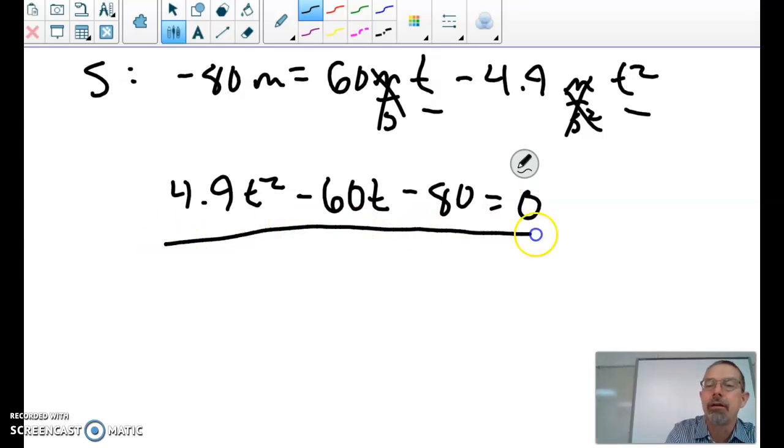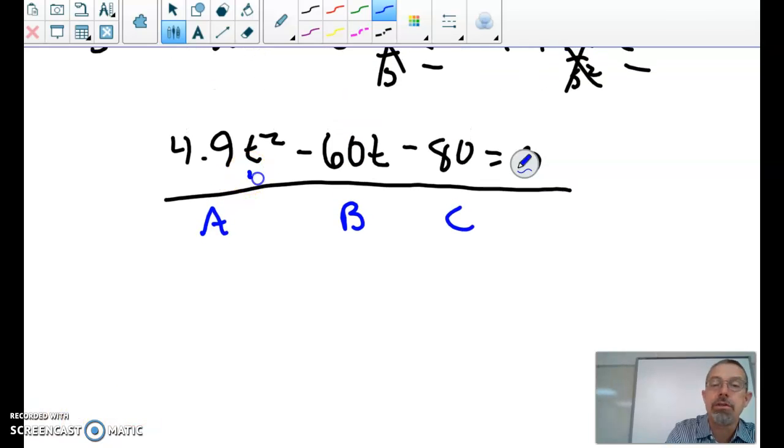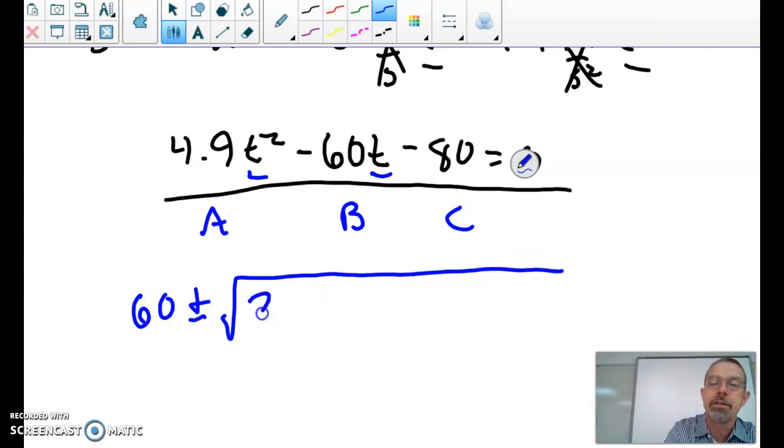And in the quadratic formula, we would say that this is my a value, that's my b value, that's my c value. So I'm tossing this in the quadratic equation to solve for my roots of t. I'm going to say the opposite of b, which is going to be 60, plus or minus the square root of b squared, which is 3600, minus 4a, which is negative 9.8.